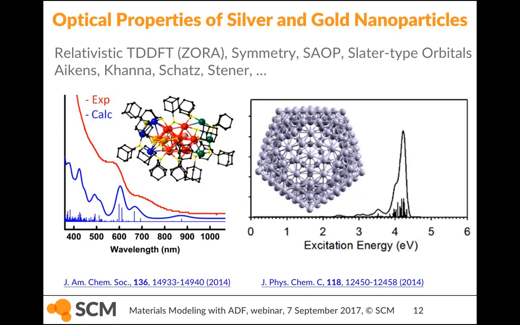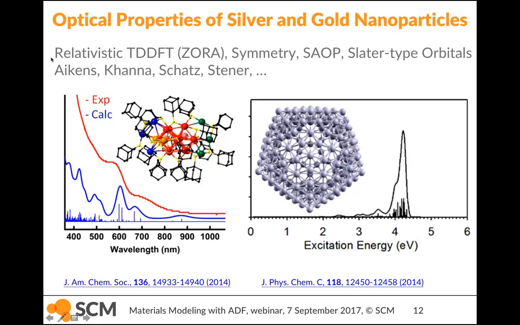Okay, so moving on then to how you can use ADF for studying optical properties of nanoparticles. ADF has been used for a long time because of its efficient TDDFT implementation, specifically being able to deal with symmetry. So already with really modest computers, you could tackle really large gold and silver nanoparticles if they had symmetry.